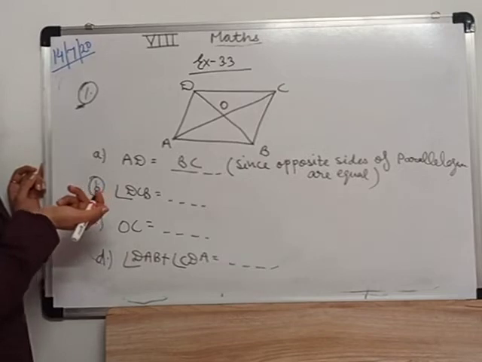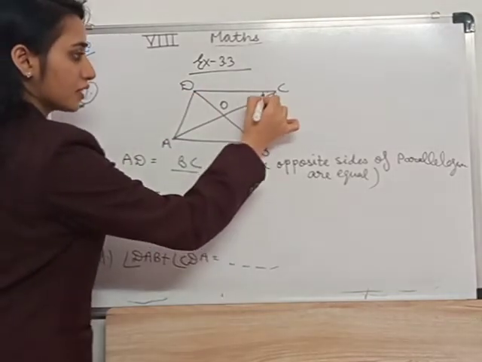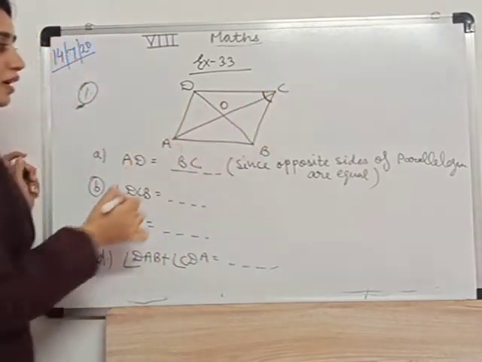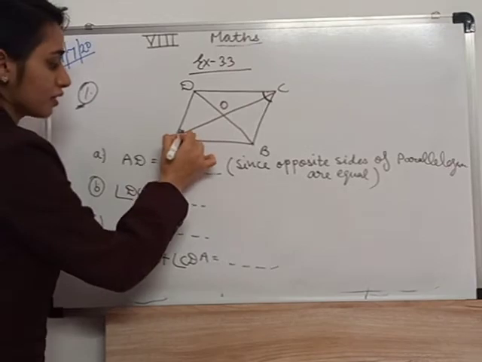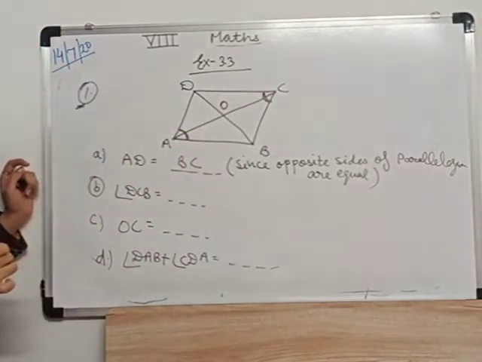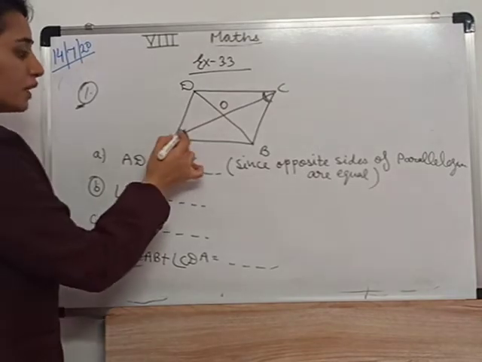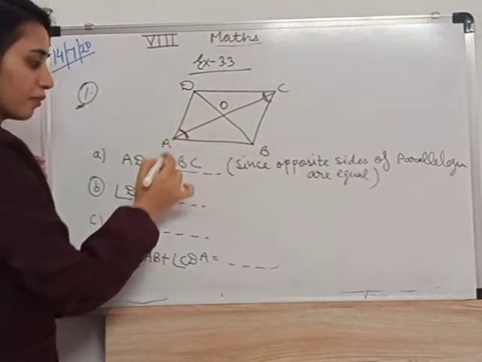Now the next one is angle DCB. This angle is equal to angle DAB, because these are opposite angles, and opposite angles of a parallelogram are equal. Write the complete name, angle DAB, with the center as the main angle.